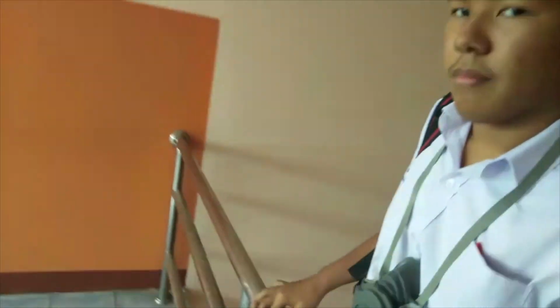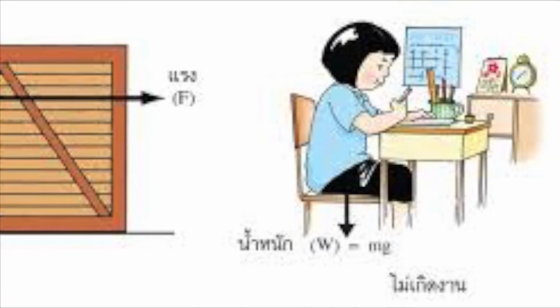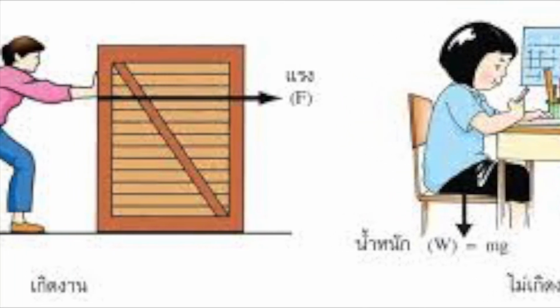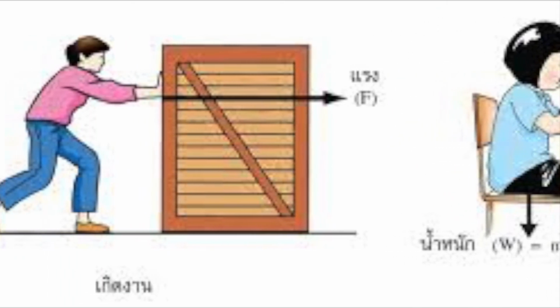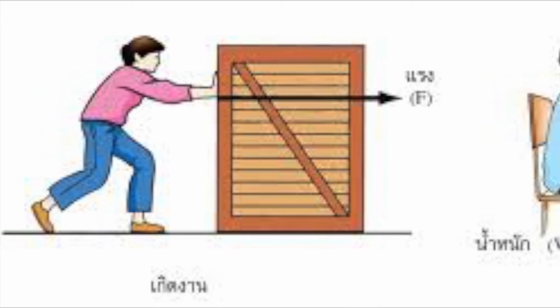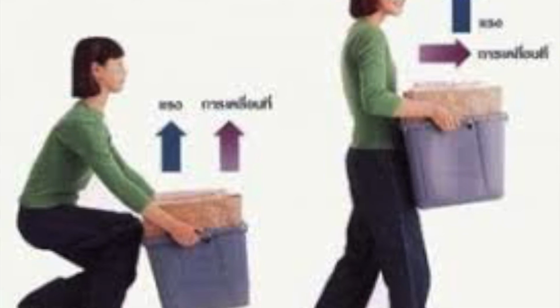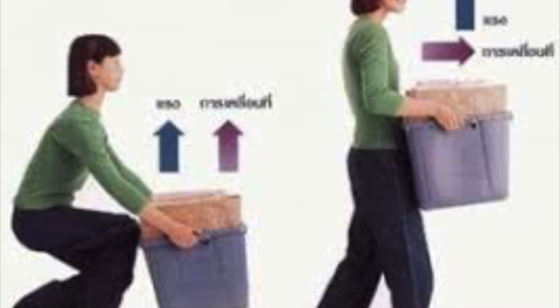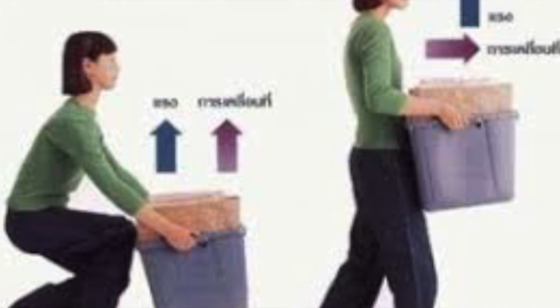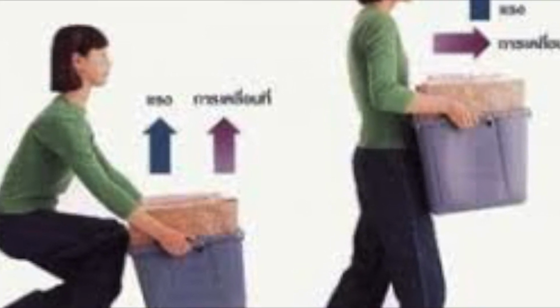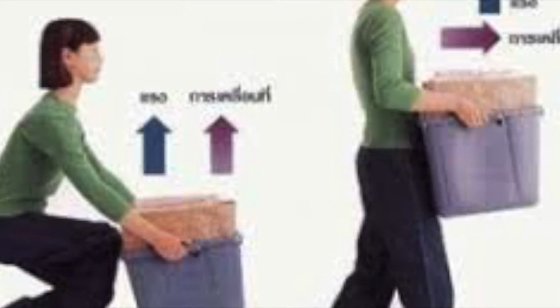But if there is no displacement, the work will be equal to 0 joules, for example when we push a wall. If the force is perpendicular to the displacement, work will be 0 joules too. For example, we lift a box and walk across the floor.